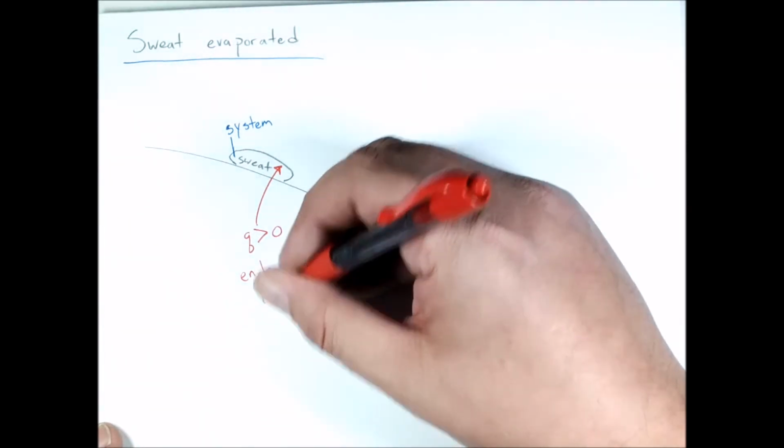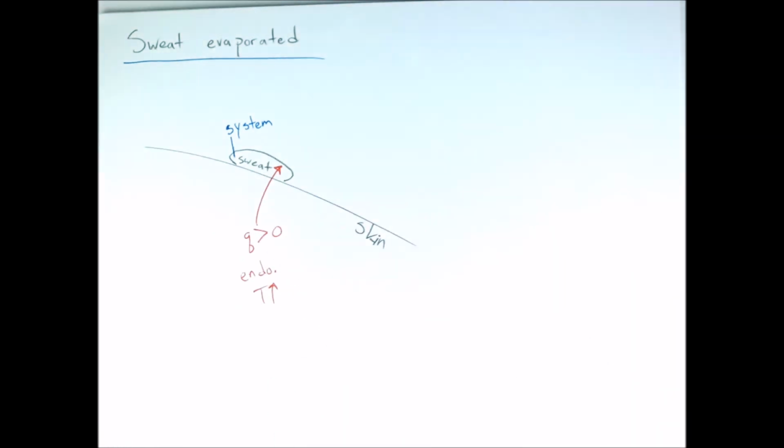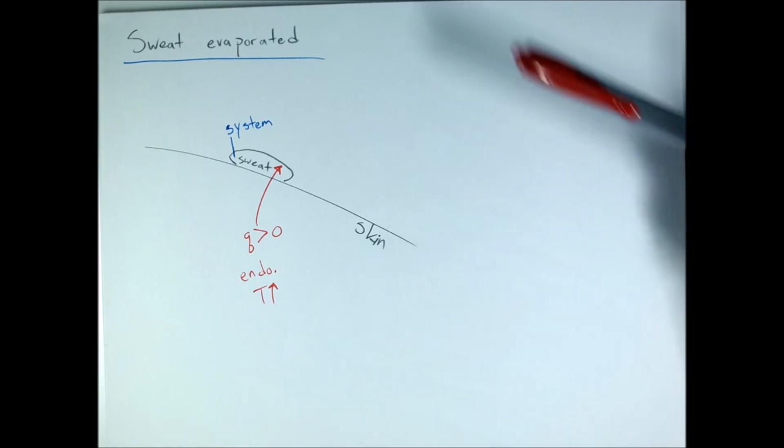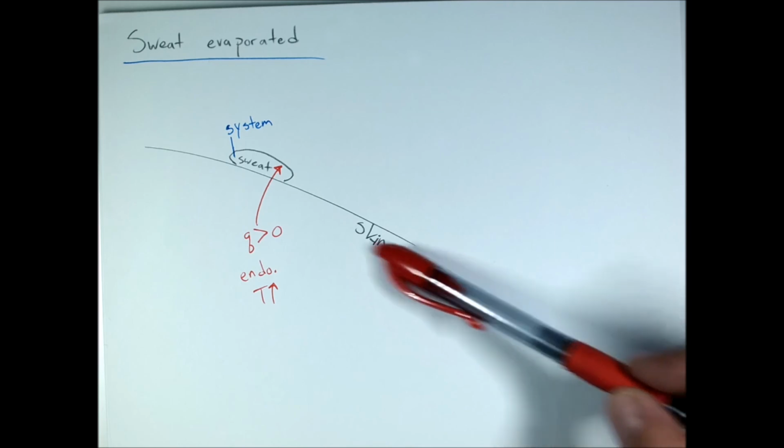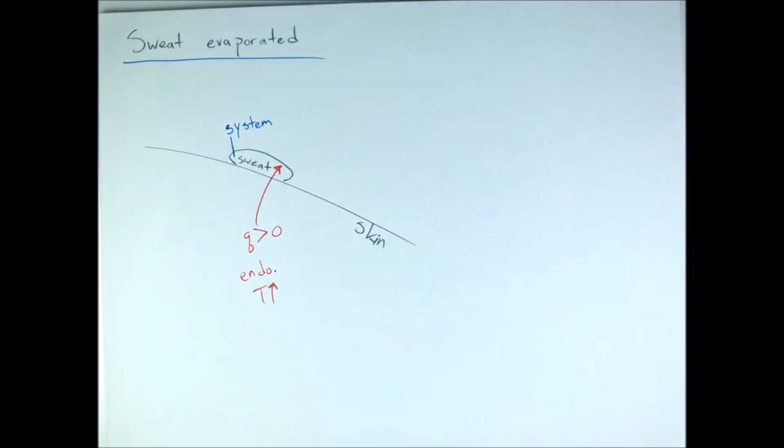And temperature is going up to the point where it just evaporates off. And what do you think is happening to the skin here? It's going to end up getting a net cooling, right? So basically what's happening here when sweat evaporates is that it's taking heat from your skin, pushing that into the sweat. It evaporates to get a net cooling effect on your body. If it were the reverse, you'd actually be heating up as sweat evaporated, and that wouldn't be pleasant.